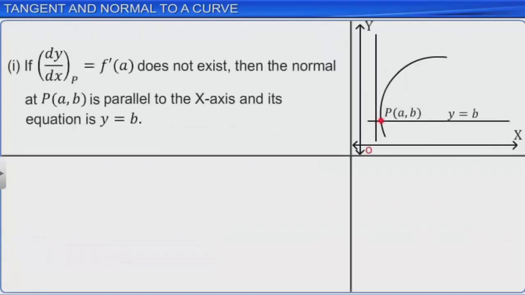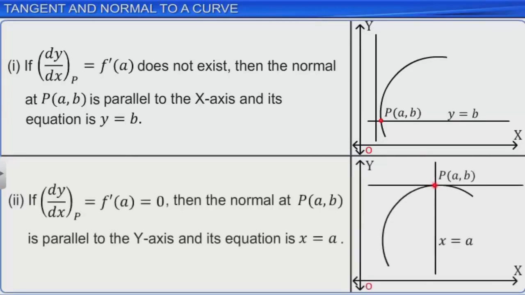If dy upon dx at P does not exist, then the normal at the point P, a, b is parallel to the x-axis and its equation is y is equal to b. If dy upon dx at P is equal to 0, then the normal at the point P, a, b is parallel to the y-axis and its equation is x is equal to a.